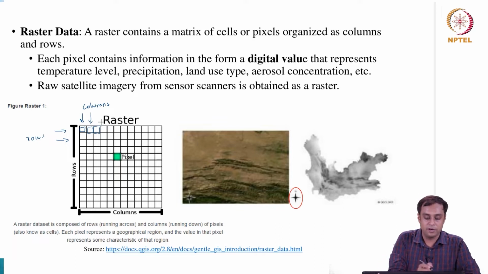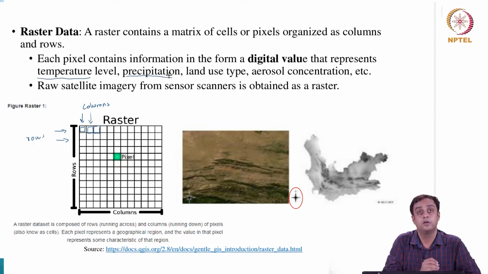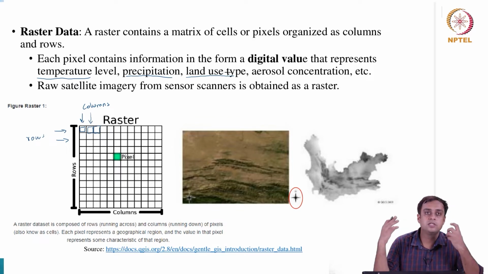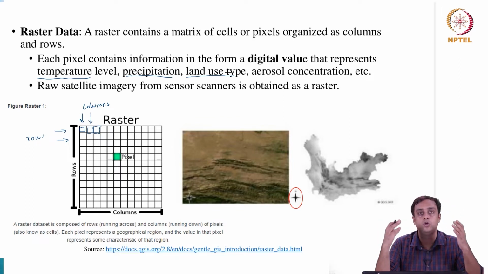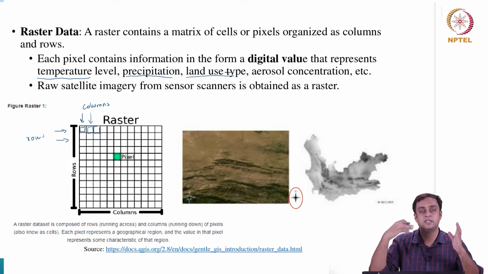I have examples here. You can have digital values that are temperatures, it could be precipitation levels, it could be land use type. We have seen many examples of land use type till now. We had urban land use, agricultural land use, forest land use. And for each of these land uses, imagine if you had values 1, 2, 3, 4, 5, 6 and so on for different types of land uses.